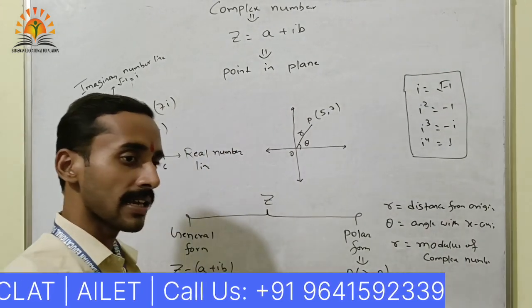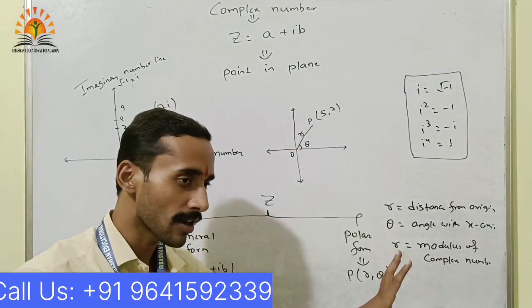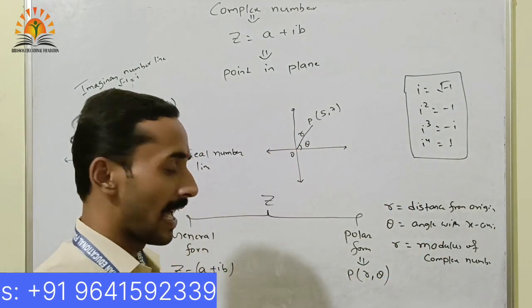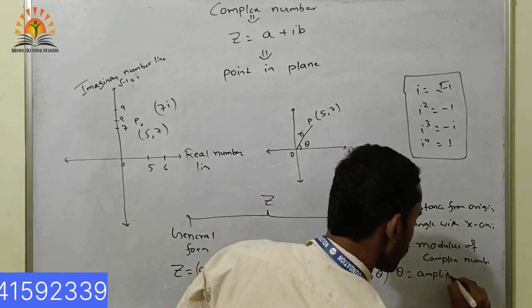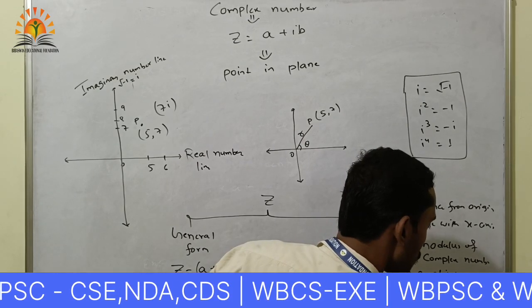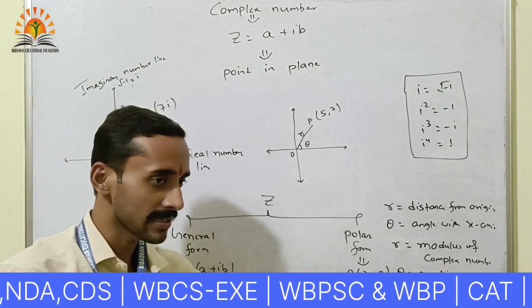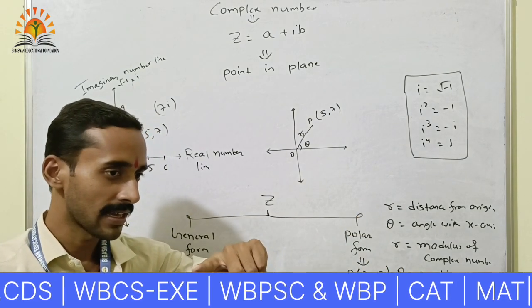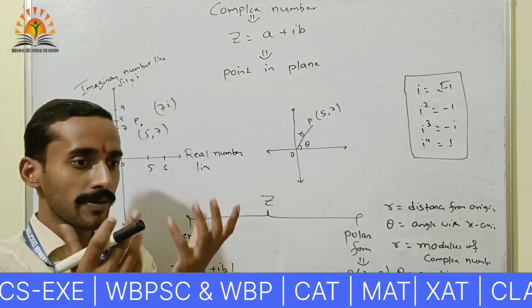There are many questions on the modulus of a complex number. This R, simply R, is known as the modulus of the complex number, and this theta is known as the amplitude of the complex number. You have also noticed the term amplitude. There is a question on amplitude and arguments. It is also known as argument. You will always see these terms and get confused.